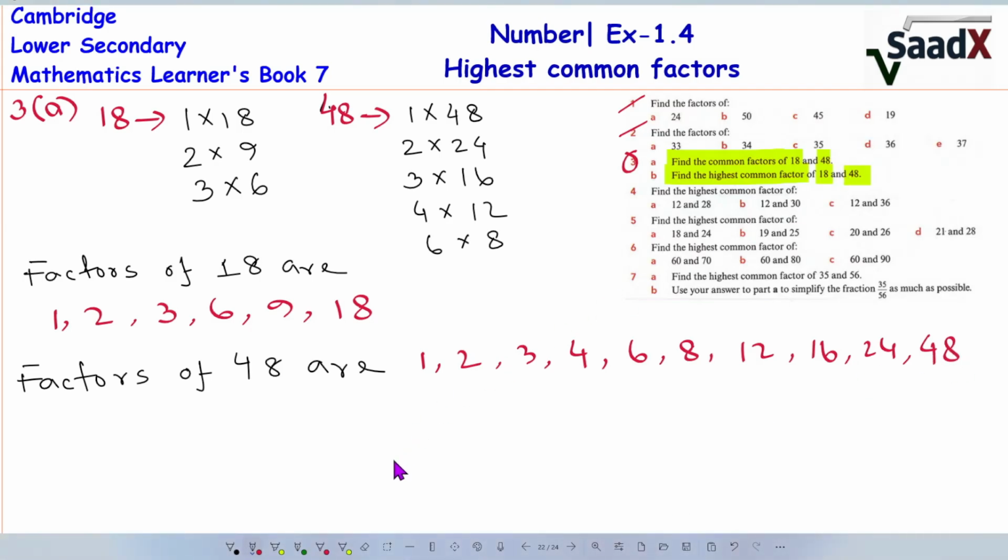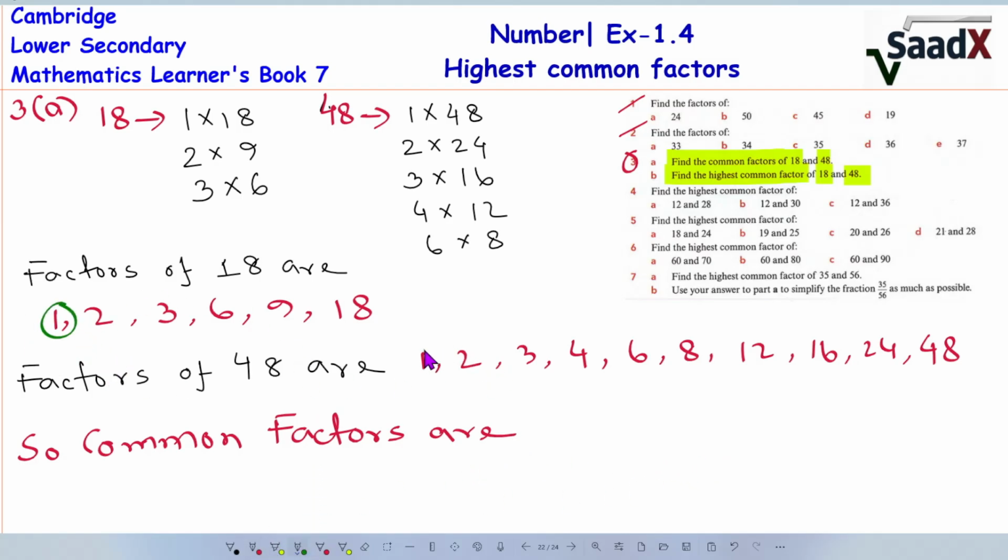Now look, our first question, find out the common factors of 18 and 48. So, common factors are, so we can make circles.